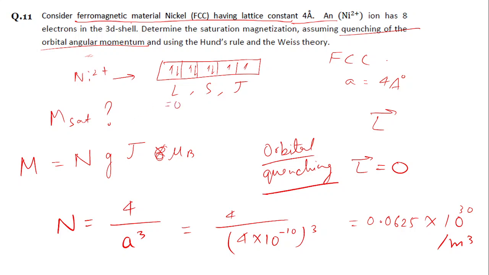How to find the spin angular momentum? Let me write here again. Ni2+ has an electronic configuration with 8 electrons in the 3d orbitals, 1, 2, 3, 4, 5 orbitals, and 5, 6, 7, 8.